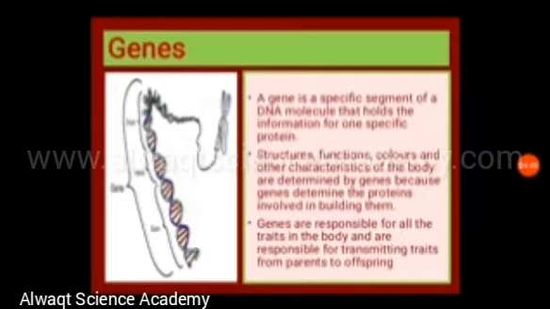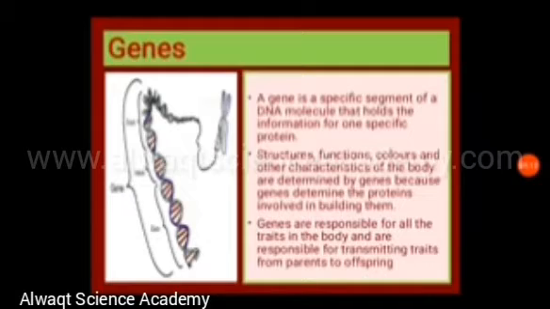All these are built from proteins. So invariably, we can say that genes are responsible for all the characteristics that are passed from one generation of organism to the next. So all traits in the body are the responsibility of genes.